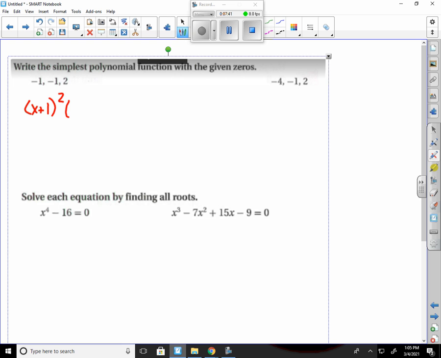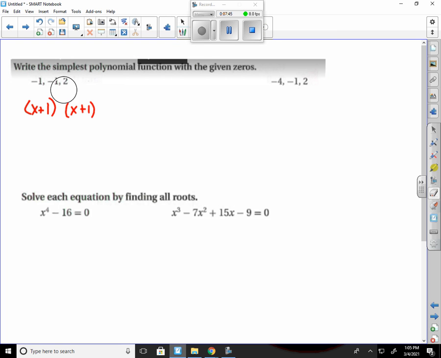Or you could write it out a normal way, x plus 1 times x plus 1 times x minus 2, sorry. Now I multiply these first ones together, x times x gives me x squared. Outer is 1x, inner is 1x. 1x plus 1x is 2x. And then 1 times 1 is 1.